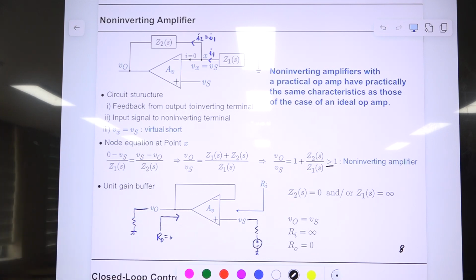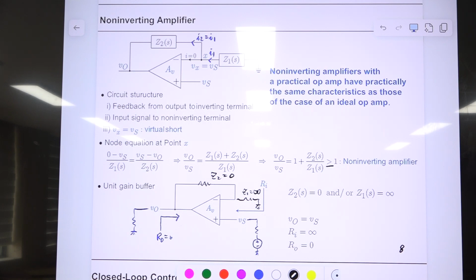So assume G2 is located here. G2 is 0, or G1 is grounded and G1 is infinity.